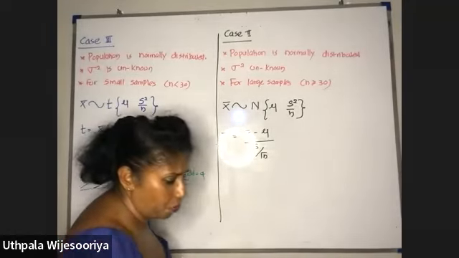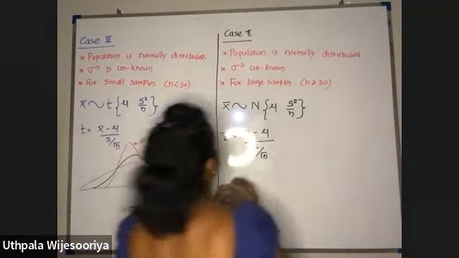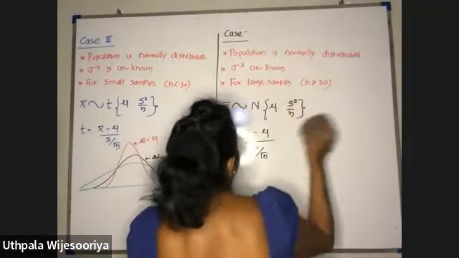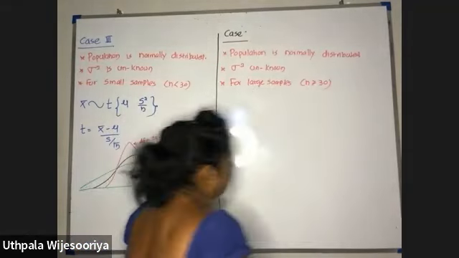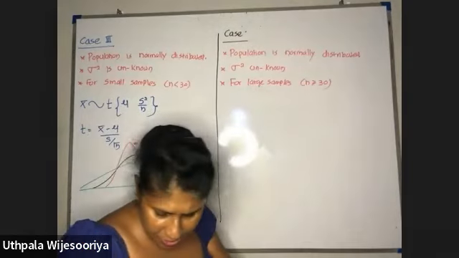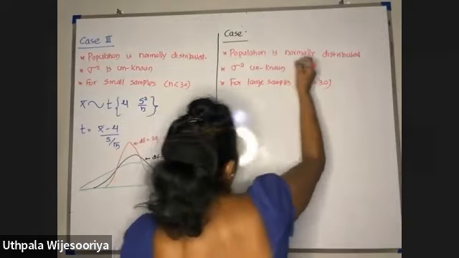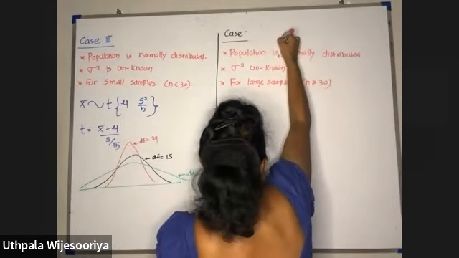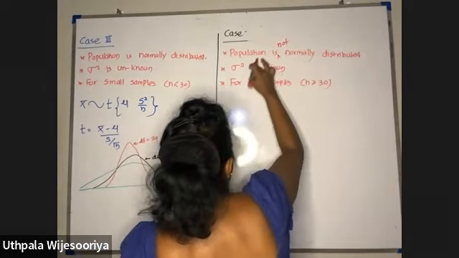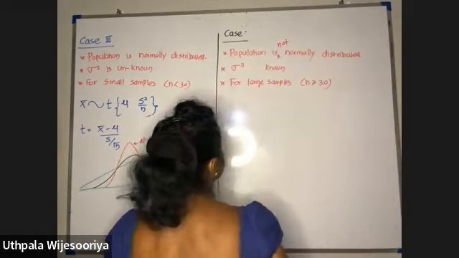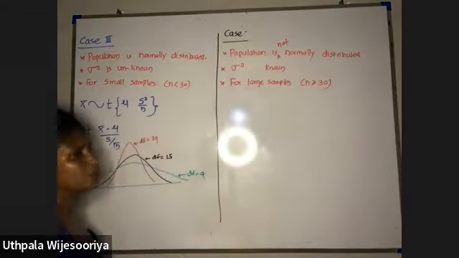Case number 4. The population is not normally distributed, and sigma square is known. So this is a non-normal population, but the population variance is known.